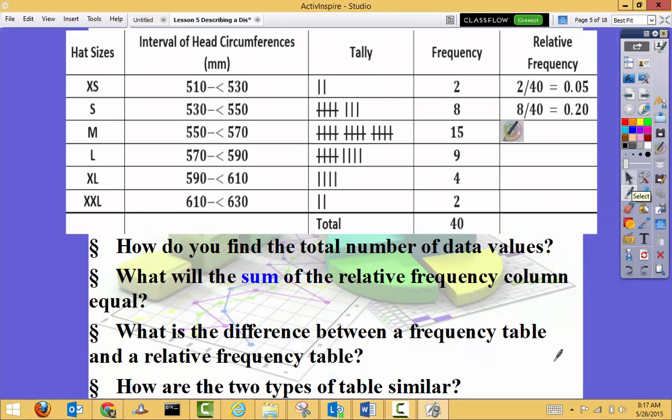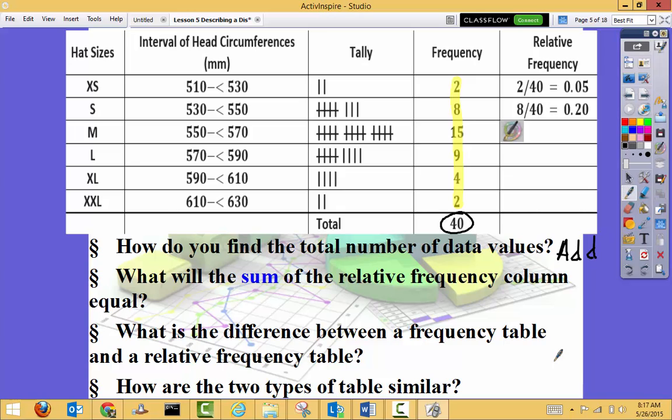Okay, so here's your job. You're going to fill in our frequency chart. Before we do that, though, let's see if we can answer some of these questions. How do you find the total number of data values? How do I find this number? Well, I added all of my frequencies to get my total.